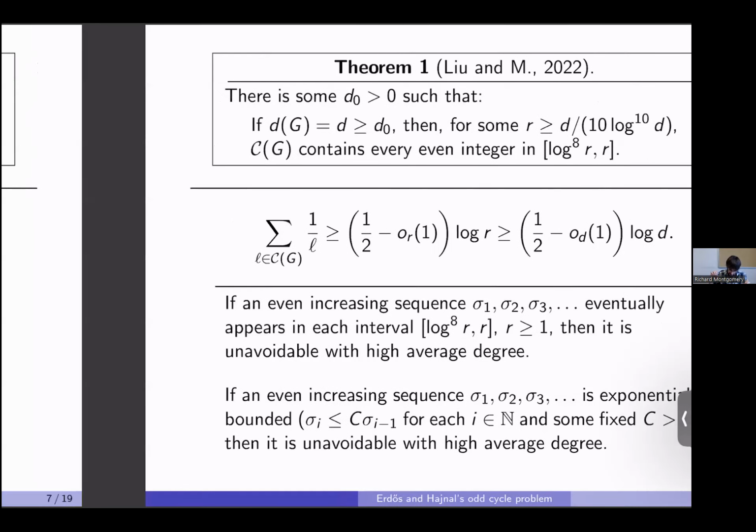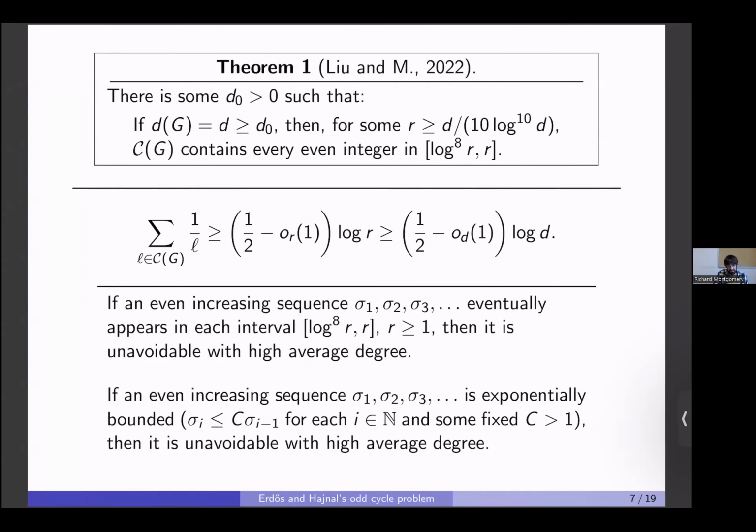And then also we care about these sequences and whether we can pick out sequences. So what we have directly from this theorem is that if we have any even increasing sequence, sigma 1, sigma 2, sigma 3, that eventually appears in each interval, log 8 of r to r, for all r, then it's unavoidable with high average degree.